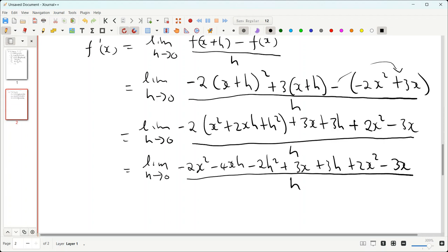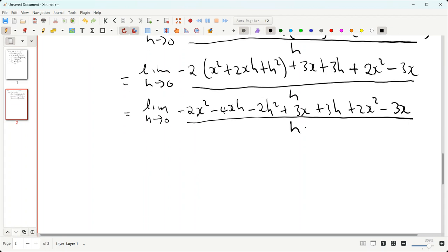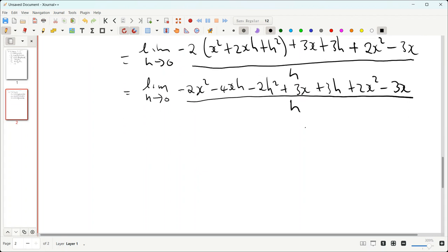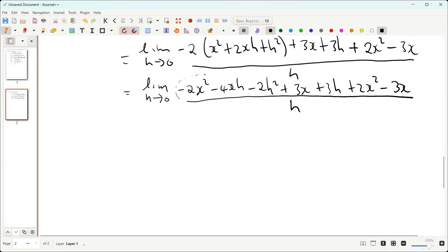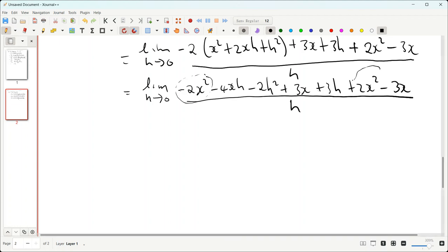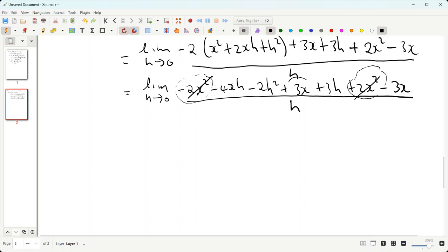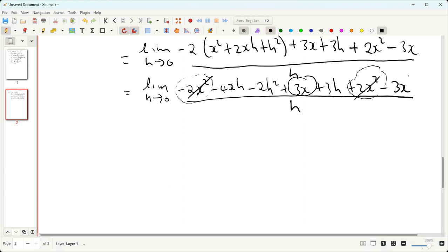So the next step is to tidy this up again and group the like terms. We have minus 2x squared here, and also plus 2x squared, so this can go. Which other like terms do we have? We also have 3x here and minus 3x here.